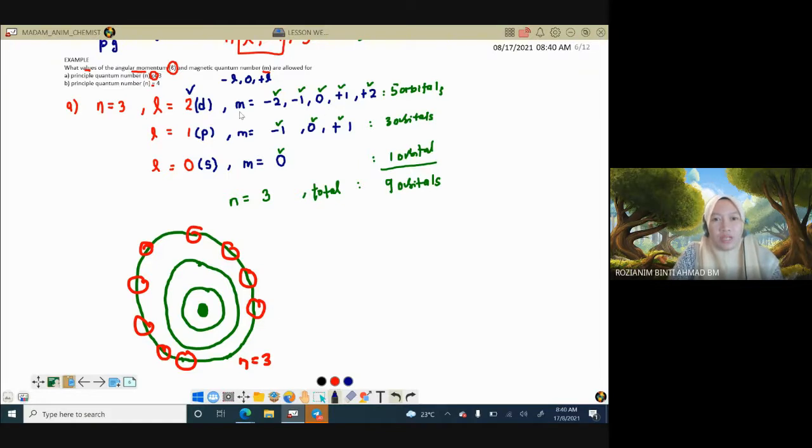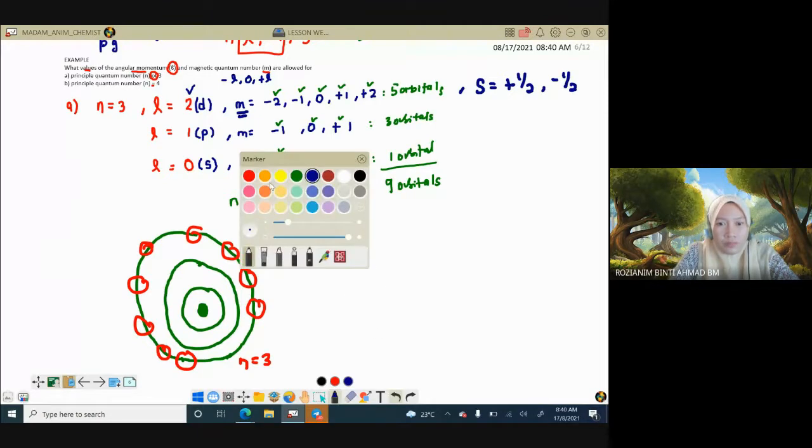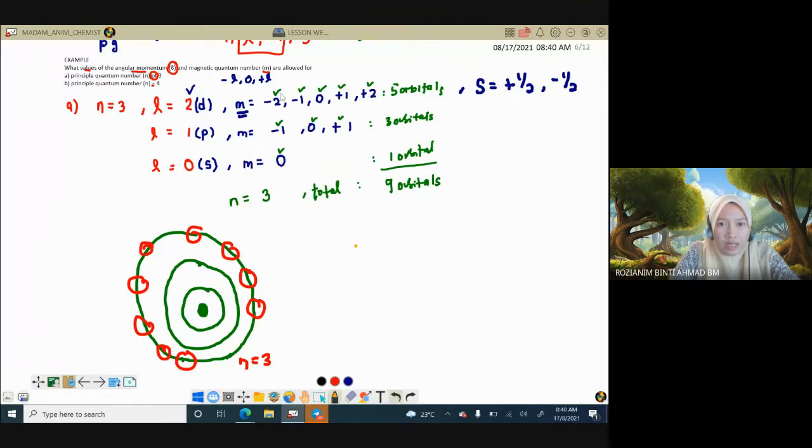So bila you dah jumpa huruf N, so therefore barulah kita boleh jumpa huruf S. So means either the value of S is spin clockwise, means positive half, or anti-clockwise, negative half. So means that one of the orbital, so I conclude that satu orbital ini maximum elektron boleh diisi hanya 2 sahaja.